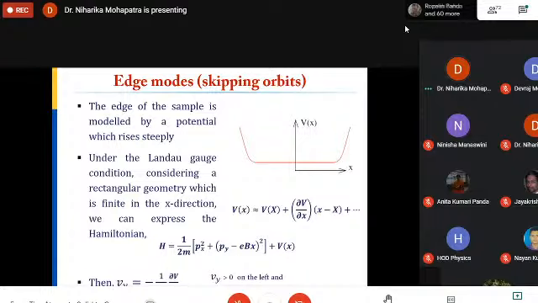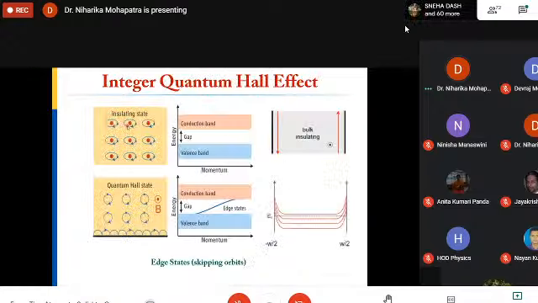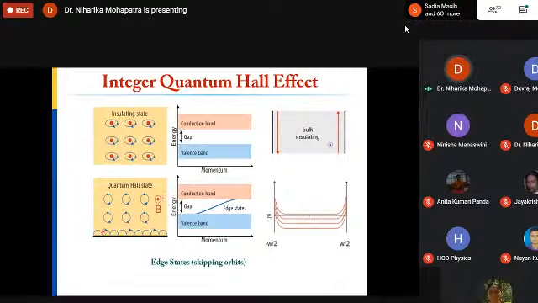Now we'll try to understand this quantum Hall effect. Basically, in the bulk you have an insulating state. In the insulating state there is no flow of current, so you have simply cyclotron motion. When you come to the boundary, you have these skipping orbits. Because you have applied the magnetic field, the electrons can move along one direction, as I showed you at the edges, your V will be along only one direction.